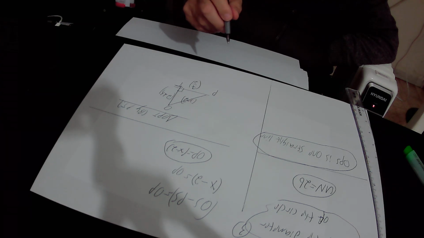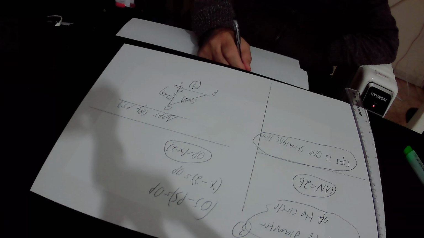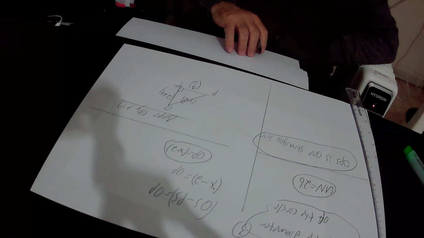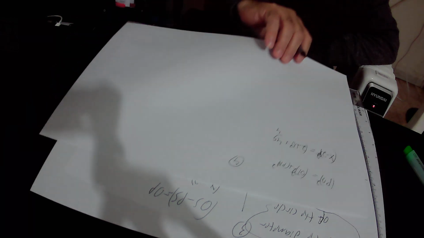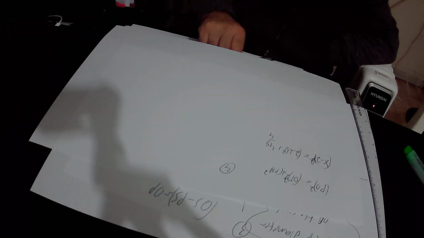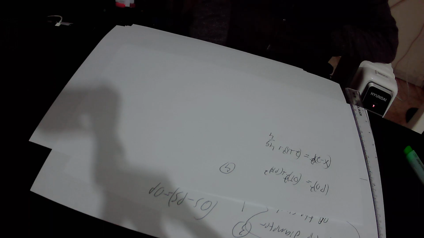Plus PT squared. PT is 7 over 2, therefore PT squared is 7 over 2 squared, that is 49 over 4. So in the right triangle OPT, x minus 2 squared equals 2 plus h squared plus 49 over 4.